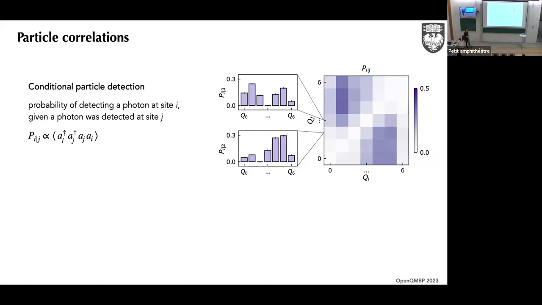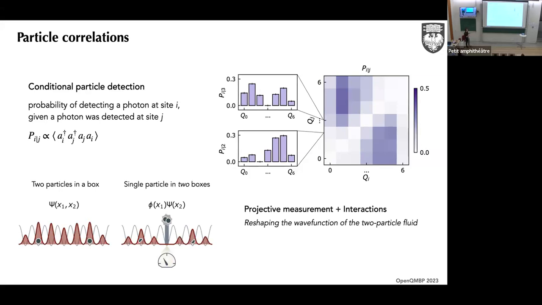Another thing we see is that the wave function has some curvature near I equals J. This is telling you that the photons are also trying to lower their kinetic energy as they get close to this I equals J barrier. So the picture that I like to think is, you have these strong measurements and these interactions.